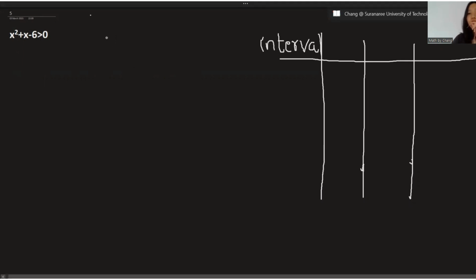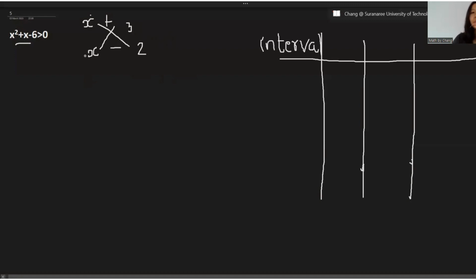Firstly, you have to factor. You will get x squared as x into x, and 6 factors as 3 into 2. All right. As the sign of the middle x here is plus, you have to take the larger number as plus so that you will get plus. So positive sign here, plus, minus.